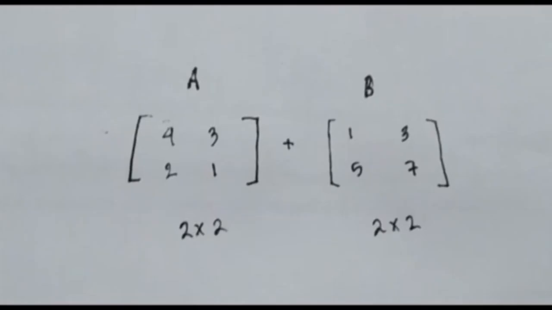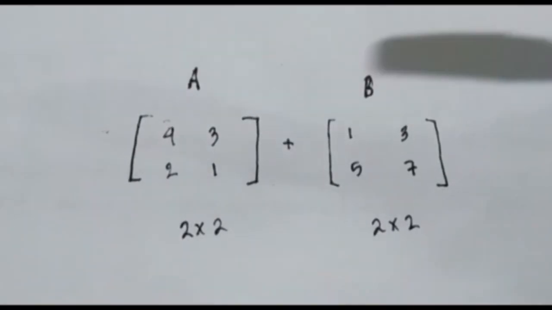In other words, you can add and subtract 2 by 3 with a 2 by 3, or 3 by 3 with a 3 by 3, because matrix A and matrix B must have the same dimension. However, you cannot add 2 by 3 with a 3 by 2 because they have a different dimension.